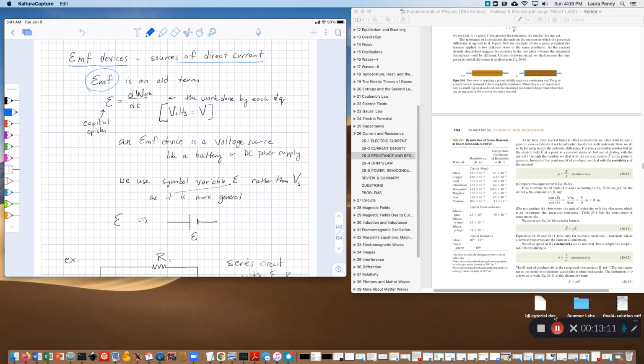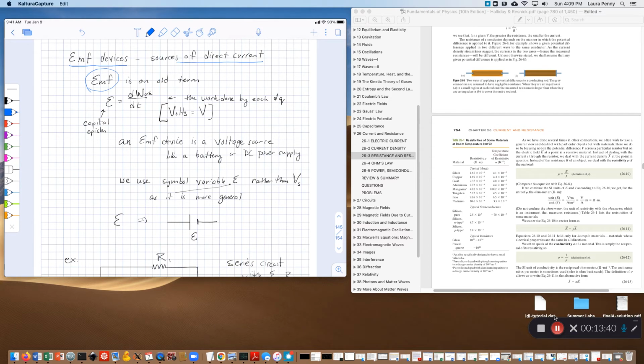EMF stands for electromotive force, which is what people thought was happening when you connected wires up in a circuit, that somehow there was a force causing things to move. But what they were actually measuring is not the electrostatic force. It's actually the electric potential, or electric potential difference. So it's an old term.